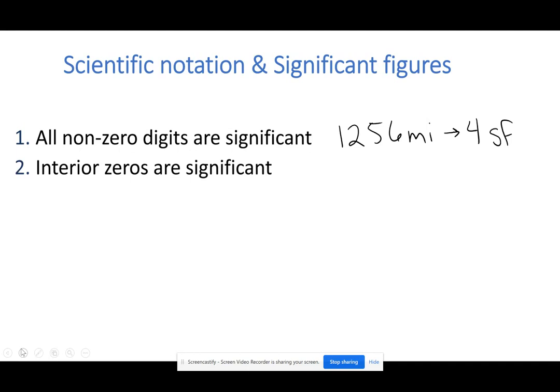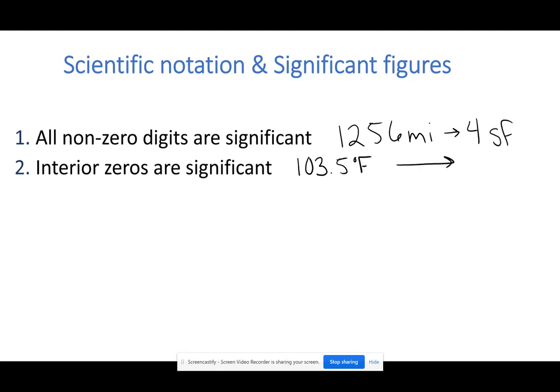The next one: any interior zeros are significant. If we find a 0 smack in the middle of a number, that 0 is a significant number. So let's say we read a temperature of 103.5 degrees Fahrenheit.